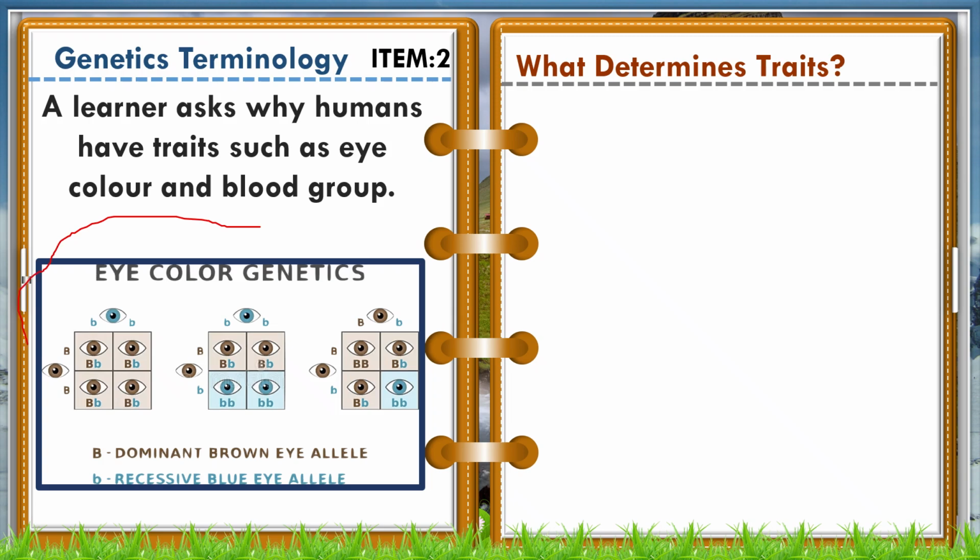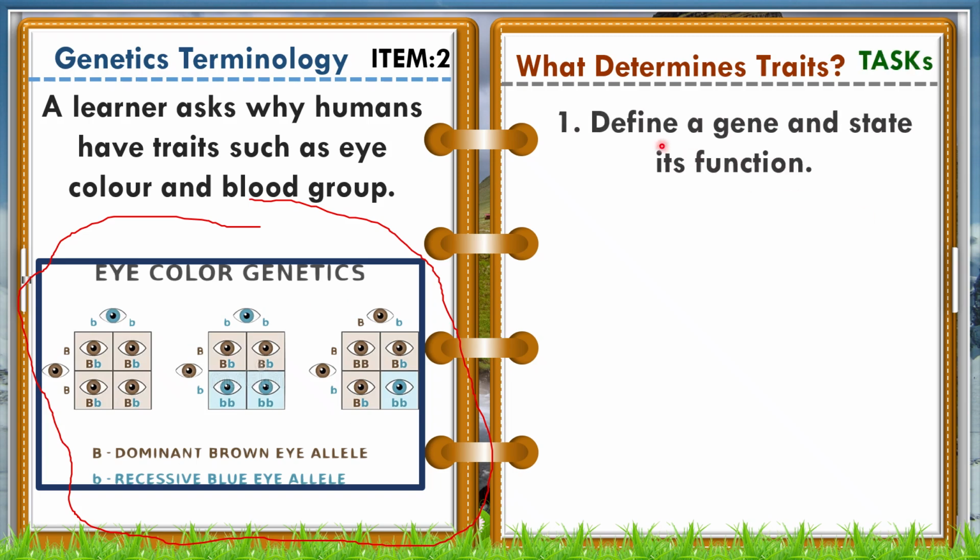So here we have our Punnett square of the eye color genetics. Tasks: define a gene and state its function.